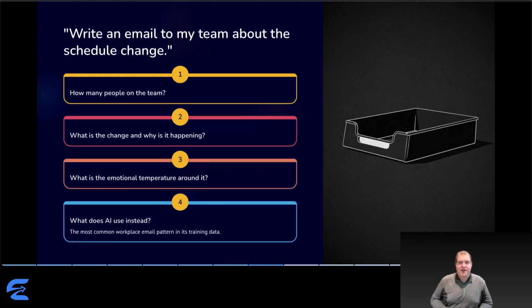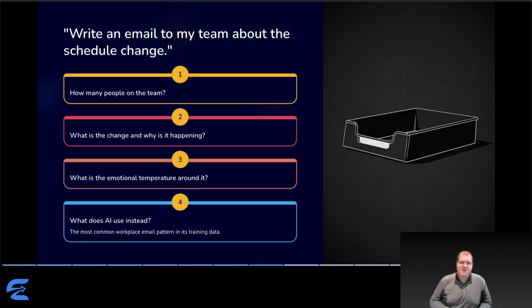And here's what that looks like with a prompt. Write an email to my team about the upcoming schedule change. That prompt names a task. It describes what you want. It's clear. But look at what the model doesn't know. How many people are on this team? What's the schedule change and why is it happening? What's the emotional temperature around it? Are people going to be surprised? Is this welcome news or difficult news?